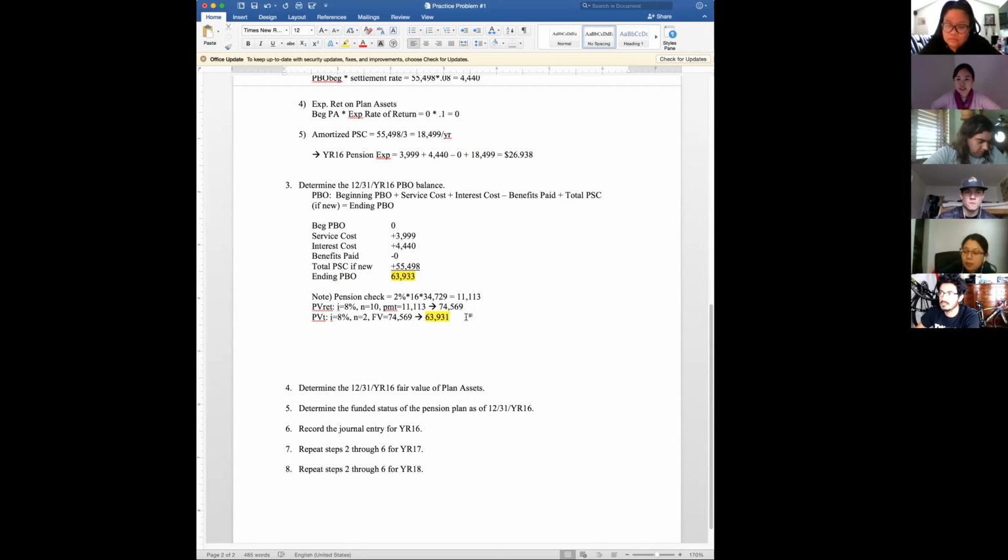Any questions? So we will finish this problem on Thursday, and then on Blackboard, there is an extra problem I posted. In the chapter 17 folder, there is an extra practice problem.